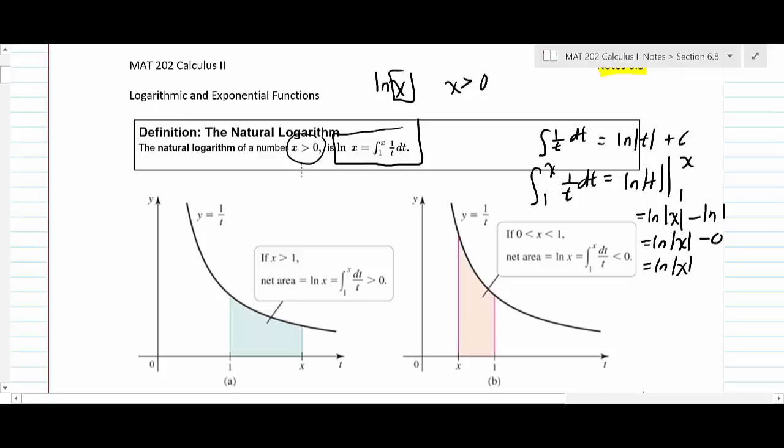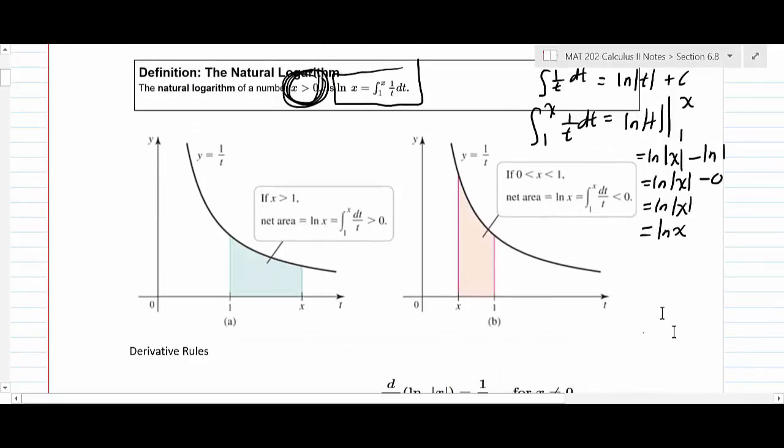And since we're defining x to be greater than 0, as part of the definition, you don't even need the absolute value anymore. So that integral works out to be ln of x. Does that make sense? So we define the natural logarithm in terms of a definite integral, so it has something to do with area.